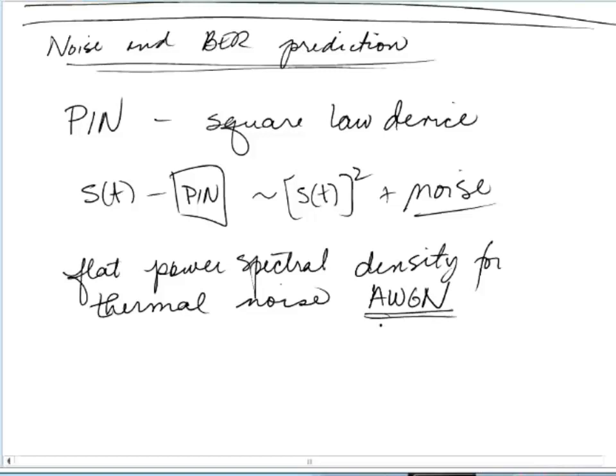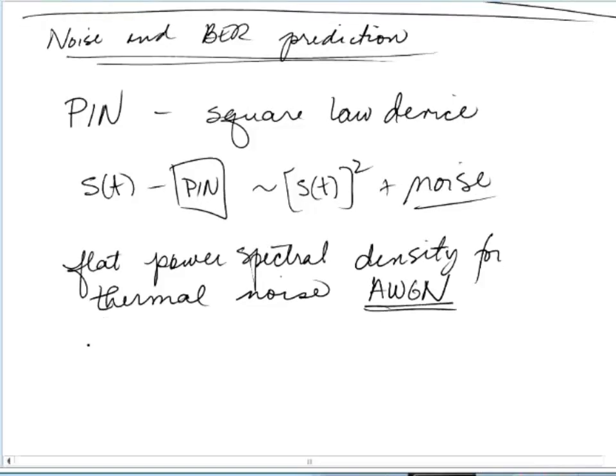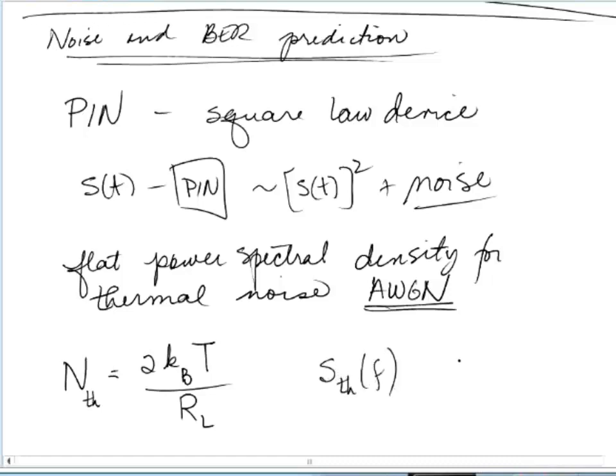The level of the power spectral density, the noise level for thermal noise, is given by the classical thermal noise, which is 2 times the Boltzmann constant times temperature divided by the load resistance. And the power spectral density, which I'll call S thermal, as a function of f, is constant for all f.